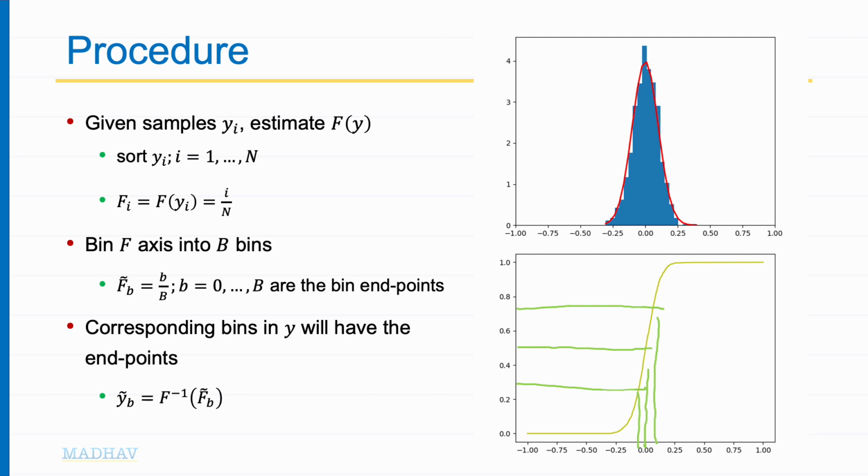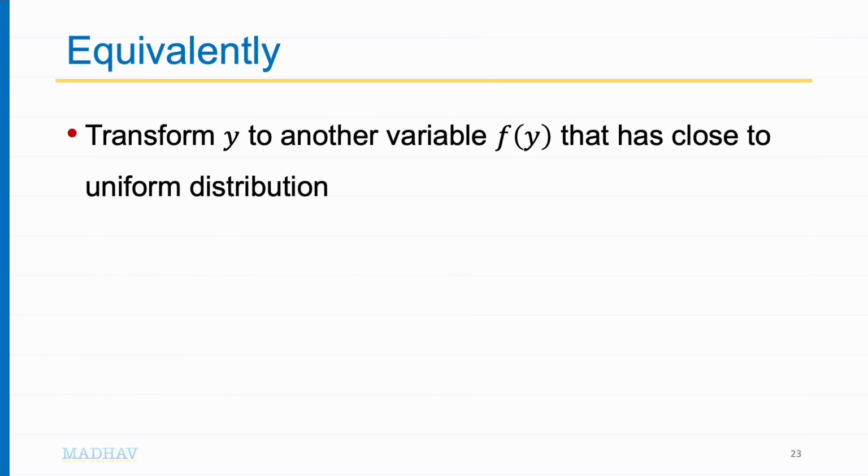Clear? Easy? Now equivalently, you can transform your Y to another variable F_Y that has a close to uniform distribution. It is a transformation of a random variable, the same thing. F_Y will lie between 0 and 1.